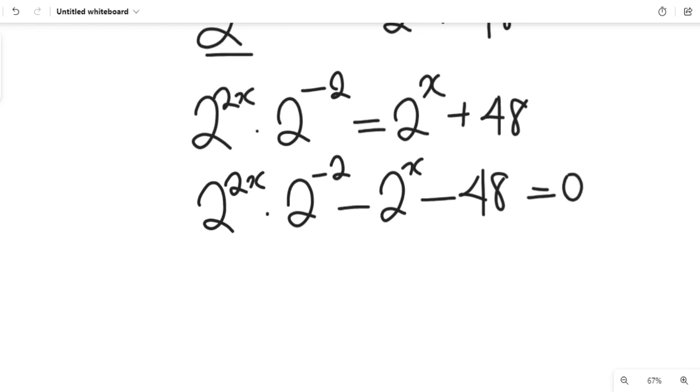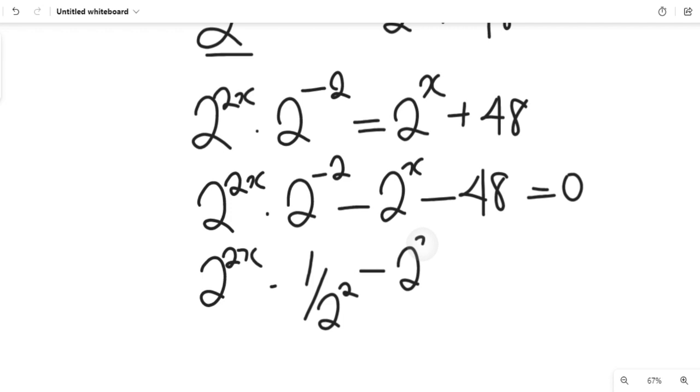Now, this automatically gives us 2 to the power of 2x multiplied by 1 divided by 2 squared, minus 2^x, minus 48 equal to 0.